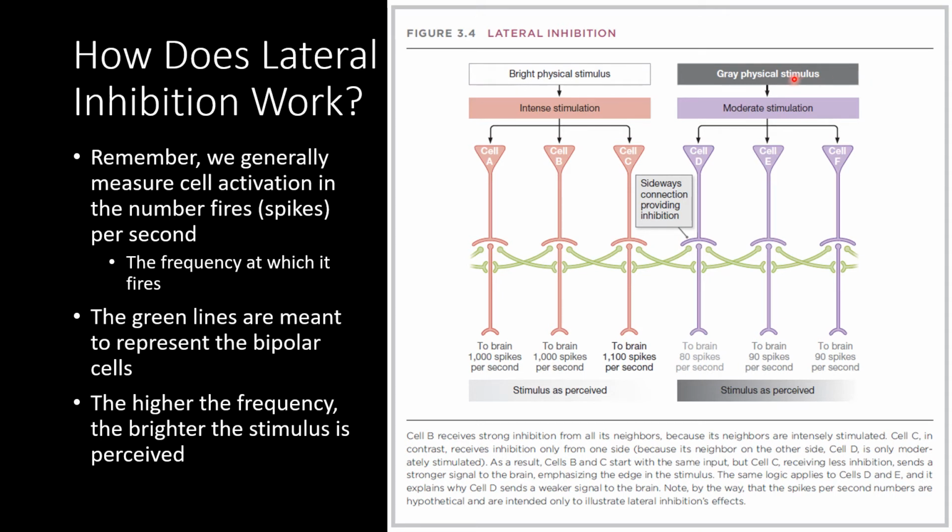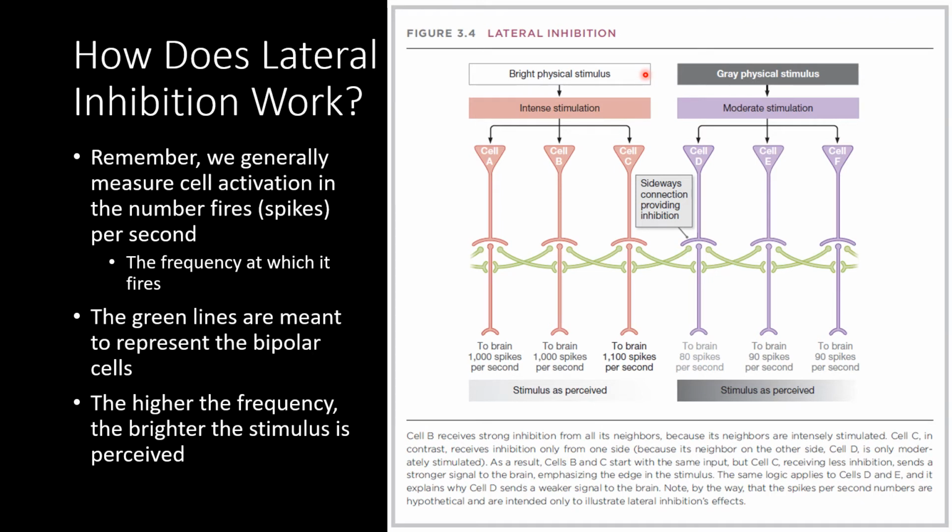You could think of this as two of the bars represented in that Mach band illusion, one being gray and one being bright, or just a lighter shade of gray if you wanted. The reason it says intense stimulation here and moderate stimulation there is because oftentimes bright stimuli are detected more strongly, and this just means that the photoreceptors underneath this bright light are firing at a higher rate than photoreceptors that are under a softer or dimmer light.